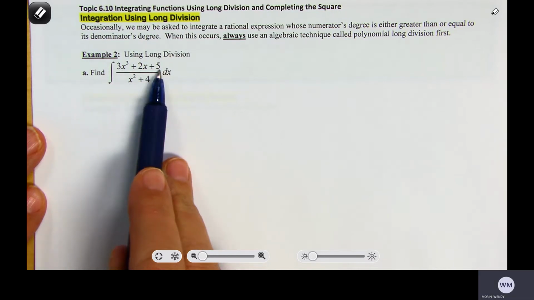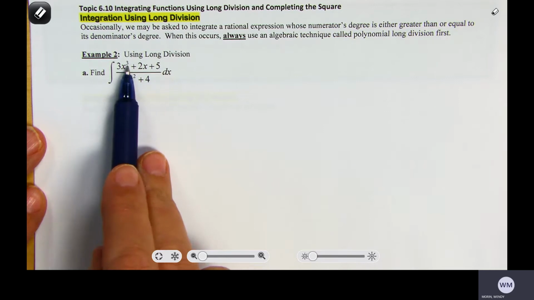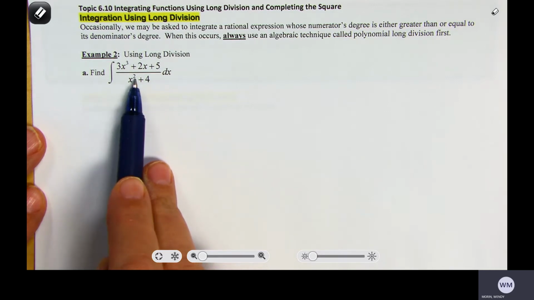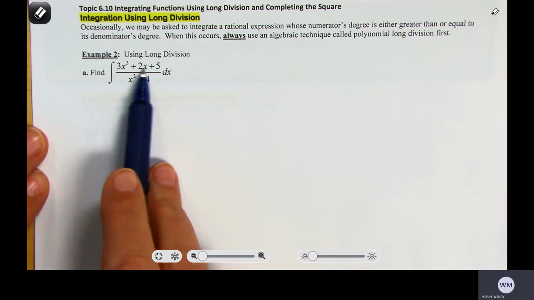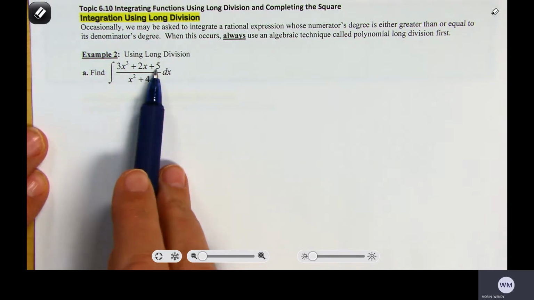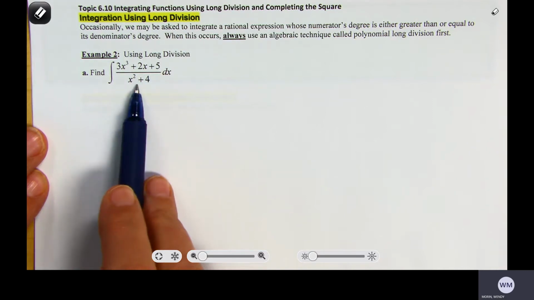But that's not going to be the case because your numerator is larger than your denominator by 1 degree. So in this case, we can't use our normal u substitution that we've done in the past. And you can't set your numerator equal to u because you can't have the derivative in the denominator because that's not going to work.